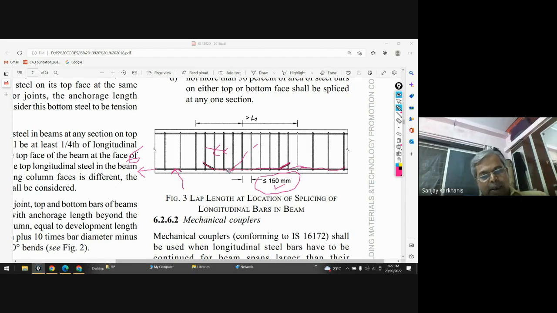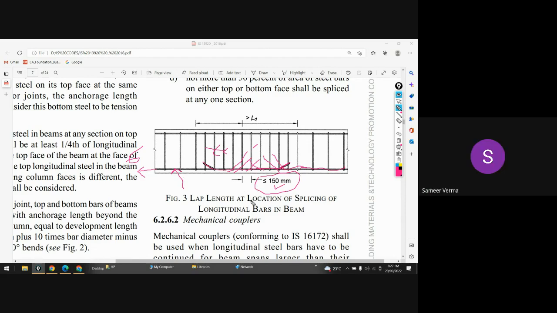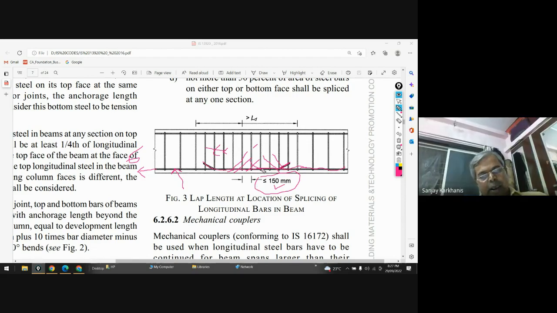Now when this cracking will start to develop, see this will be the cracking, right? ये ऐसा ऐसा cracking होगा ना? Yes or no? Yes, sir. Now this cracking will be arrested by these shear stirrups.